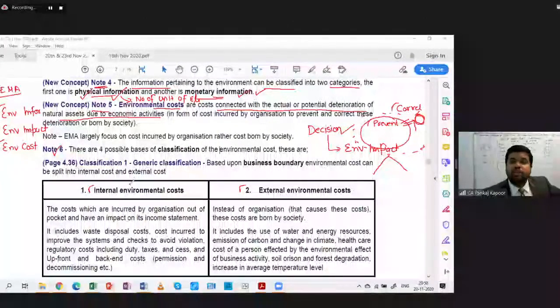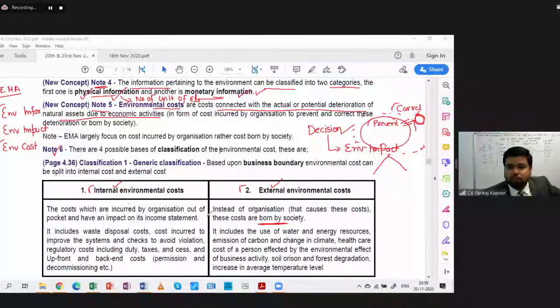That environment cost can be classified into two categories: the internal environment cost and the external environment cost. The cost incurred inside the premises of the business, or even outside the premises of the business, by the business entity. And here are the costs which are incurred or borne by the society.